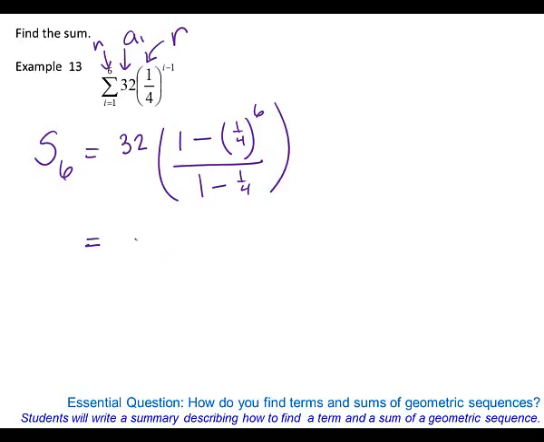All right, what did we get for the fraction? Not even close.